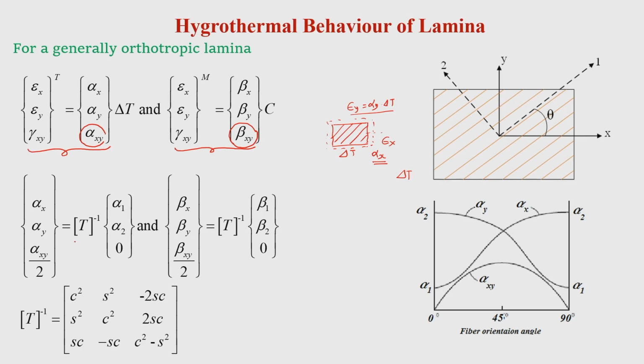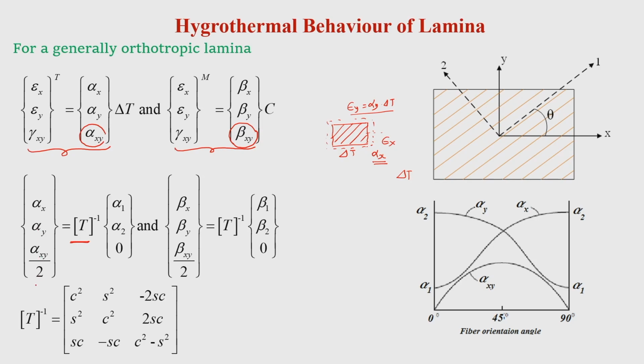They are actually related by the same matrix which relates the strain transformation. Why? Because alpha x is nothing but the indication of strain along x. What is alpha y? Alpha y is nothing but the indication of strain along y because of delta T. The same is true for beta x and beta y. Therefore, we can relate the material axis coefficient of thermal expansion to the global axis by the same strain transformation matrix.